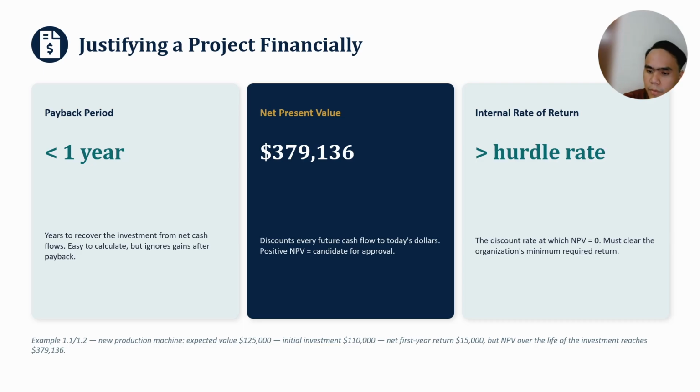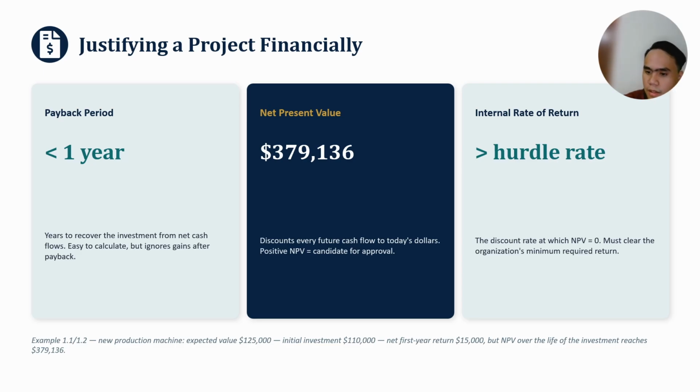In the worked example, the new machine option shows an expected value of $125,000 against an initial investment of $110,000, for a first year net return of just $15,000. So that sounds modest, but when you project that cash flow over the life of the investment using NPV, the true value comes out to $279,136. So that's the power of NPV. It reveals the value that the simple first year snapshot completely hides.